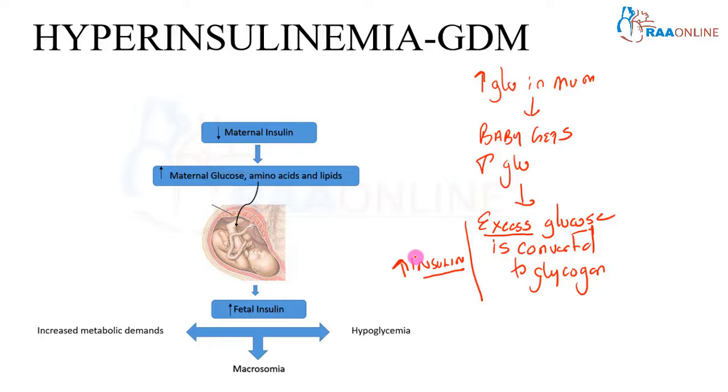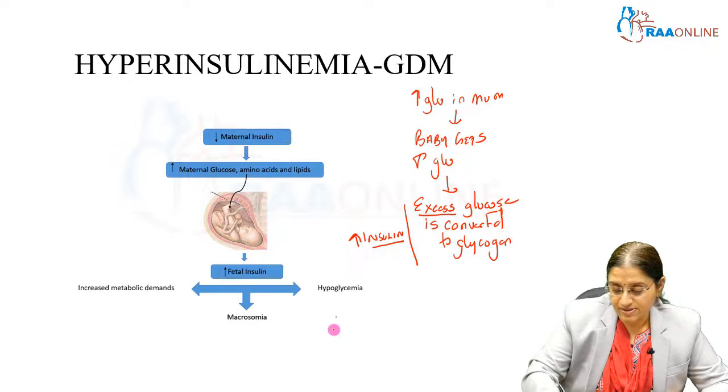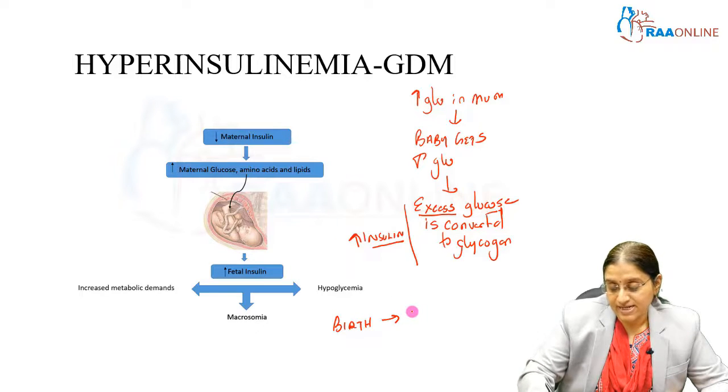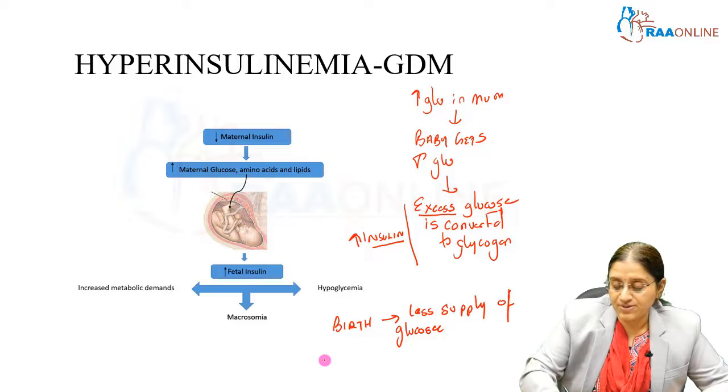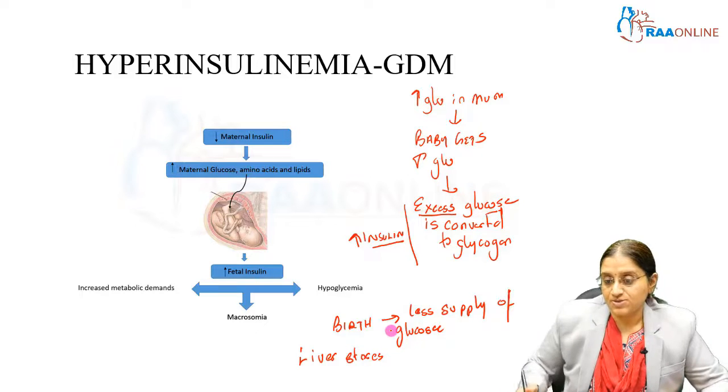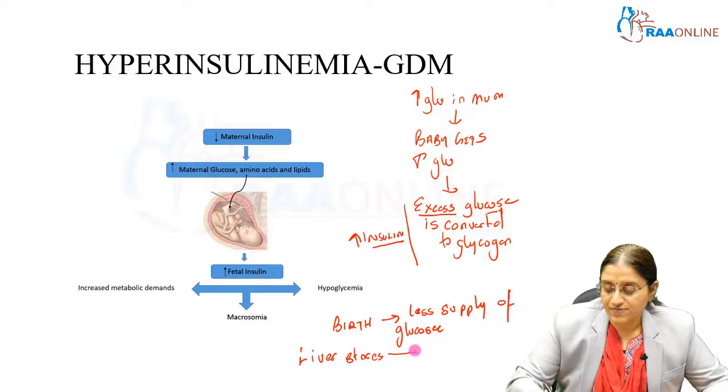Okay, so now when the baby is born, after the birth, the baby is getting less supply of glucose. So what does it have to do? It now has to convert the liver stores into glucose.